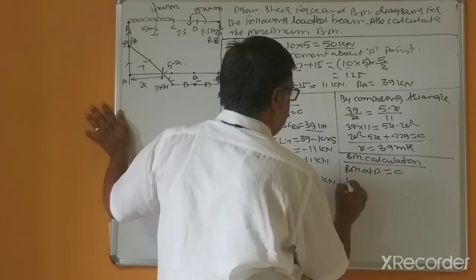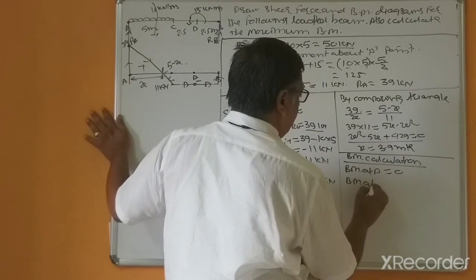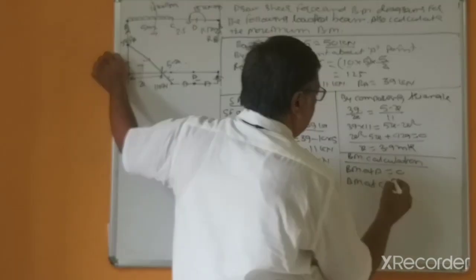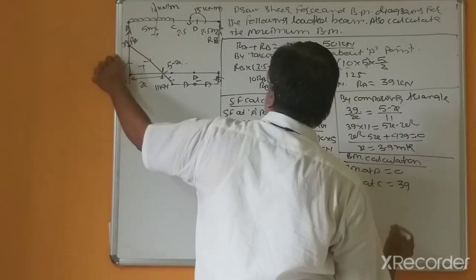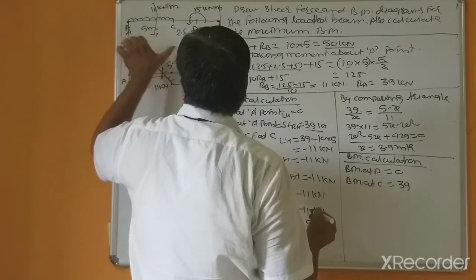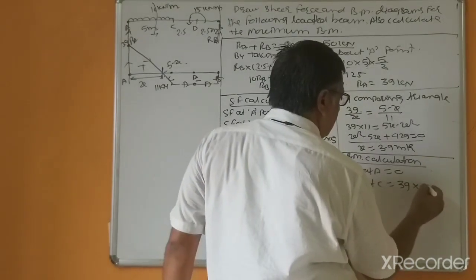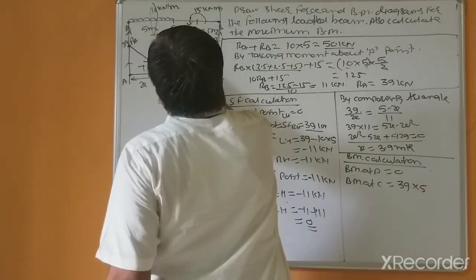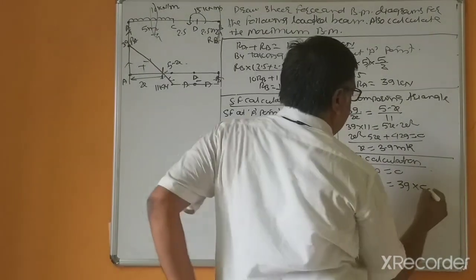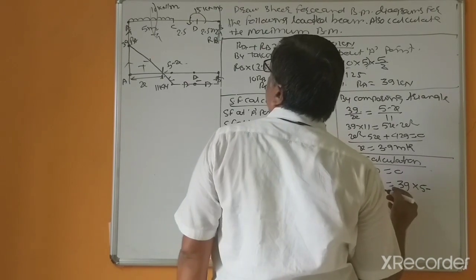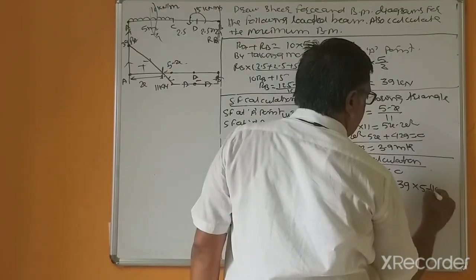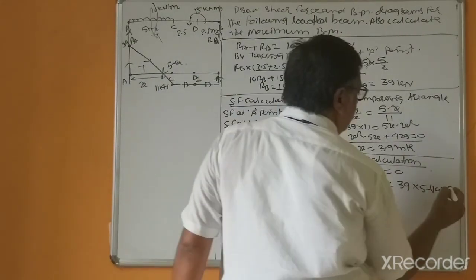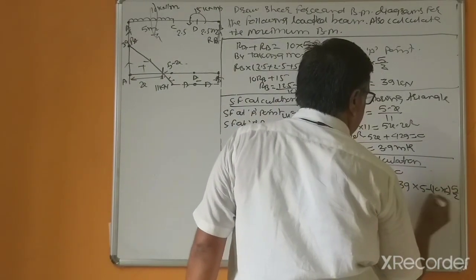Bending moment at C point equals 39 kilonewton, a clockwise moment, multiplied by distance 5, and the anti-clockwise moment is minus 10 into 5 into distance 5 divided by 2.